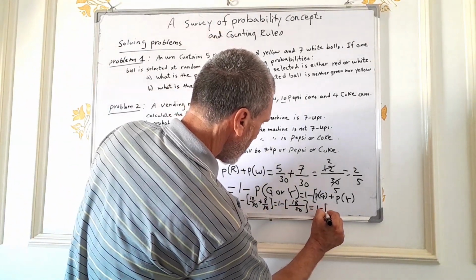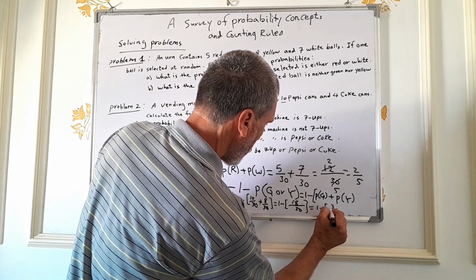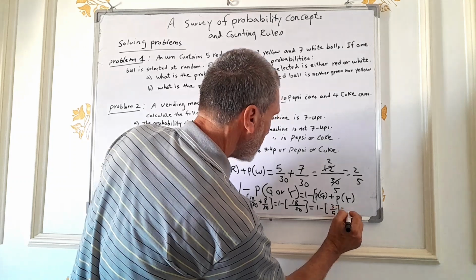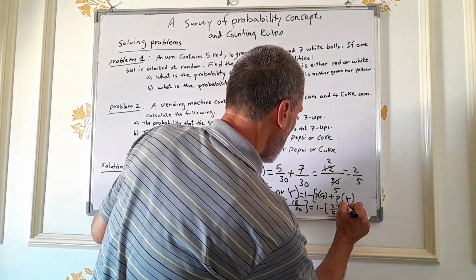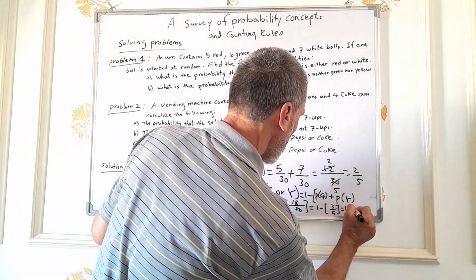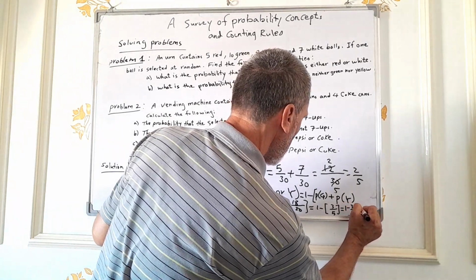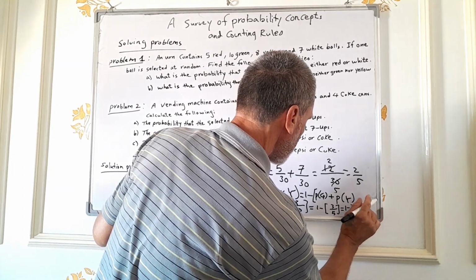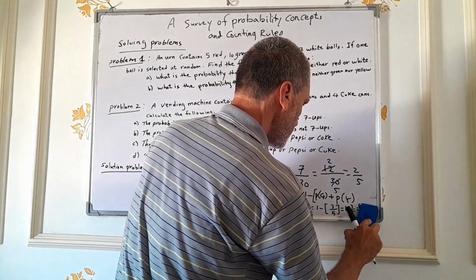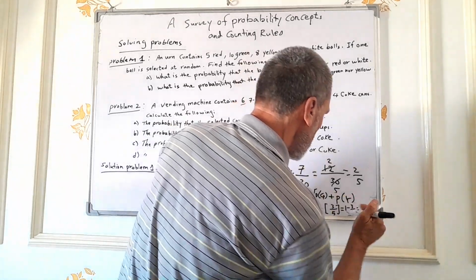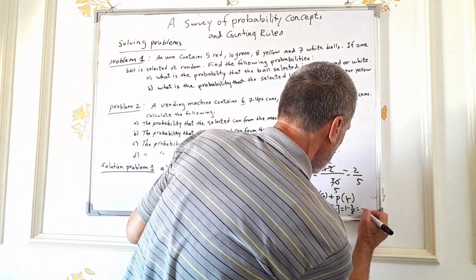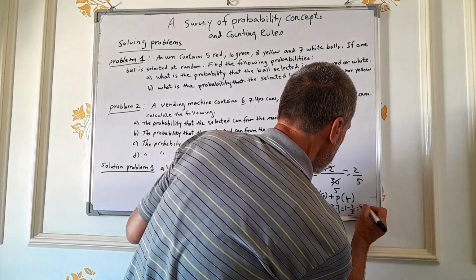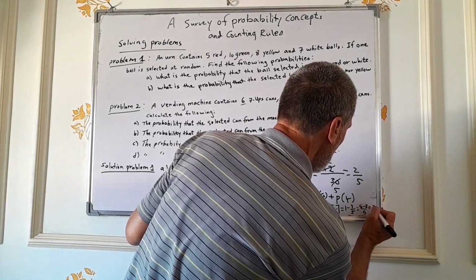Of course, 18 over 30 is going to be equal to 3 over 5, which is equal to 1 minus 3 over 5, which is equal to 5 minus 3 over 5, which is equal to 2/5.